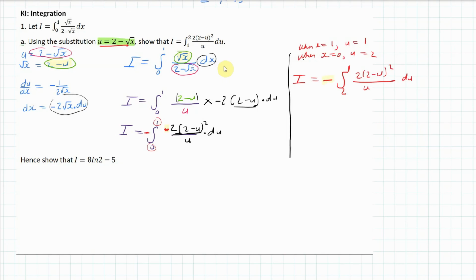See this minus here, because I'm timesing the whole thing by minus. I can just swap these limits around. So I get I is equal to, and then I have that limit there, that one there, because that's the effect that that minus would have. And now we've actually got what they wanted us to get.